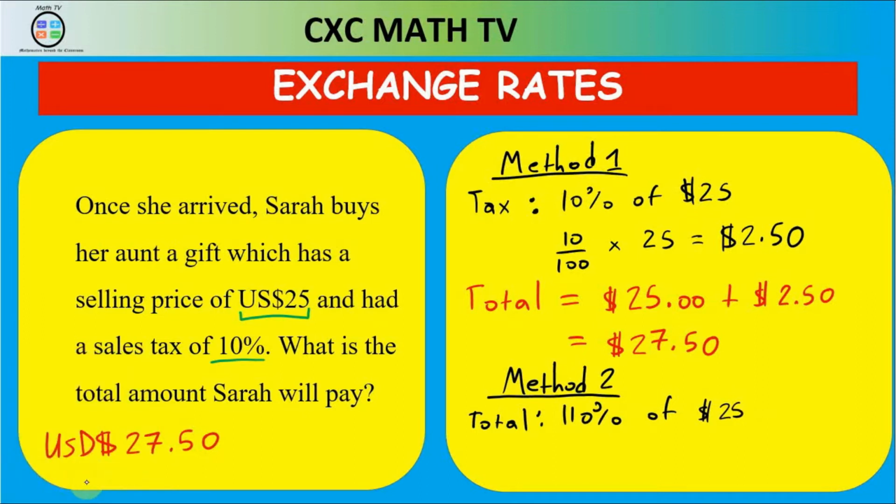Whenever you have to pay more than 100% of its true value, you're being upcharged. So 110% is 110 over 100 multiplied by 25. And you work that out, you're going to get the same $27.50. So without having to find the tax and then add the tax to how much she would pay, you do it in one step.